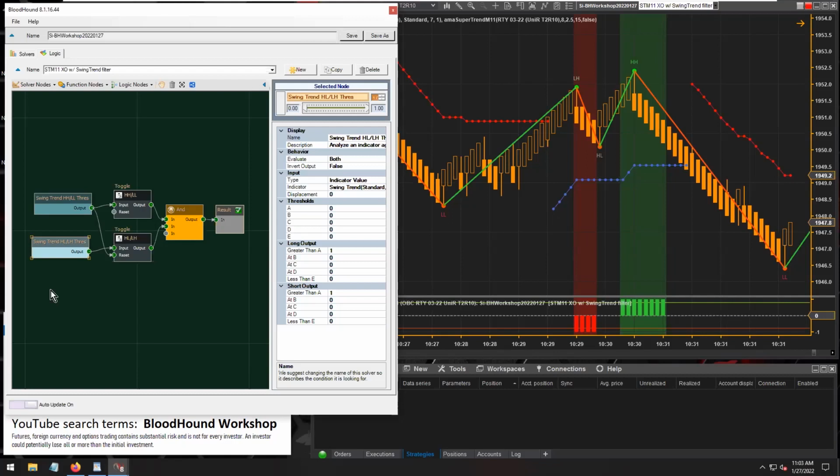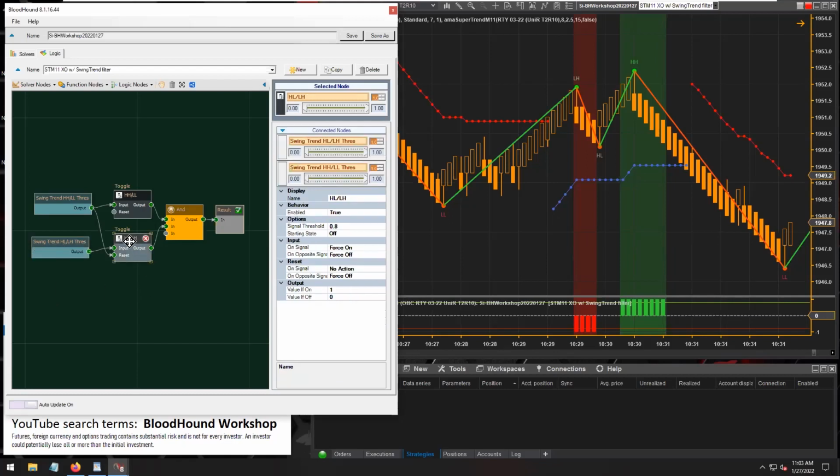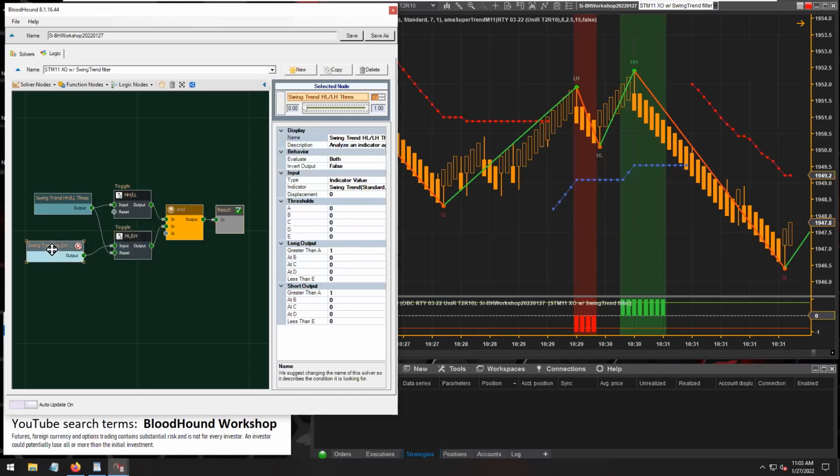So what I'm trying to figure out is how I can make this toggle node for the lower highs and higher lows wait for the higher high to occur first, or the lower low to occur first. It's a matter of resetting this toggle node another way. I'm not sure how to do that off the top of my head.